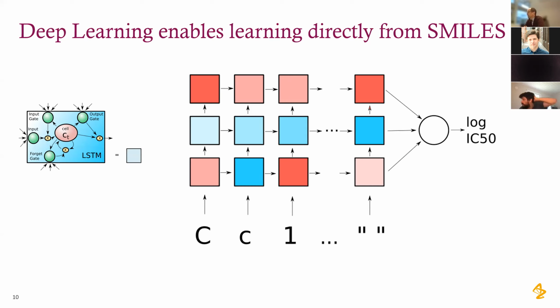In the end, you can look at the states or the output from the model, and through a small feed-forward neural network, you can model the property that you want. So this is a way to avoid the featurization, and the LSTM network will learn what kind of properties in the SMILES are important for the prediction.